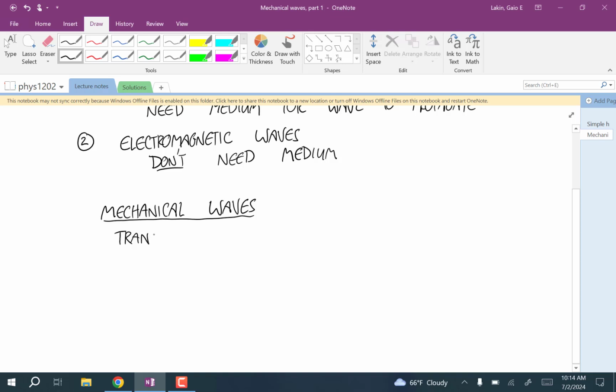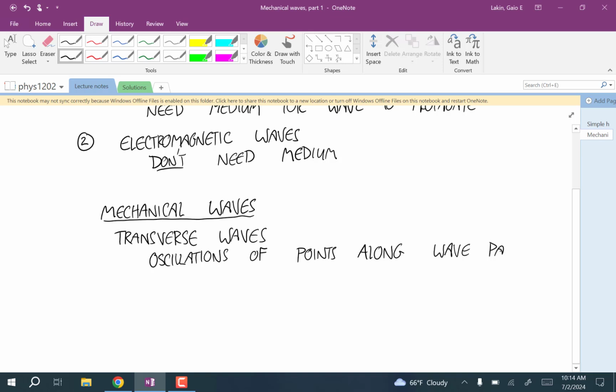Transverse waves, and these are waves where the oscillations of points along the wave path are perpendicular to the path.